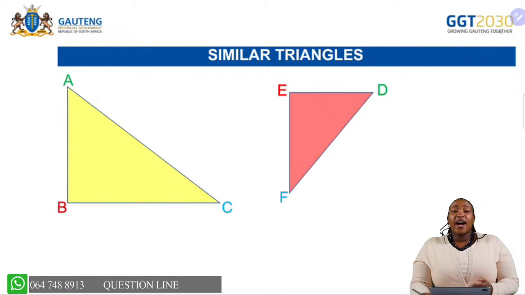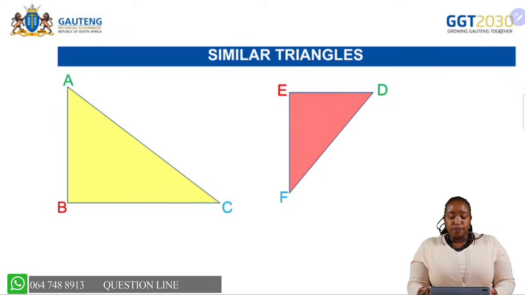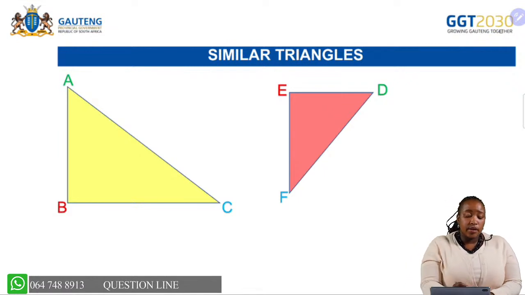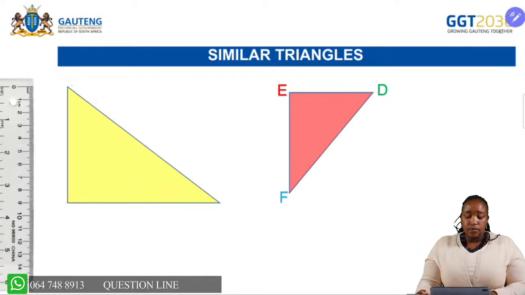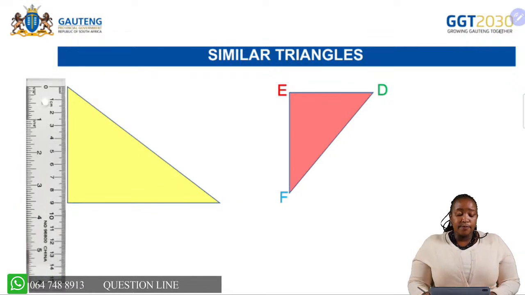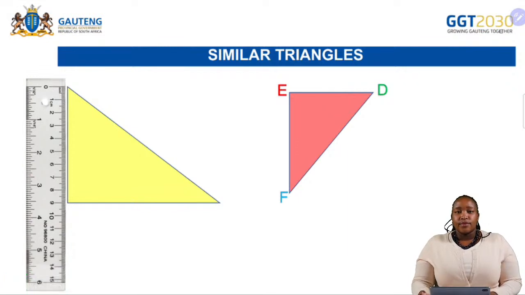Now we are going to start measuring the sides. We are first going to measure the sides for triangle ABC. As we measure the sides, will you please record the measurements on your triangles? We are going to measure them here on screen, and then you are going to record these measurements in your books. For the side AB, what is the length? Do you have a length?